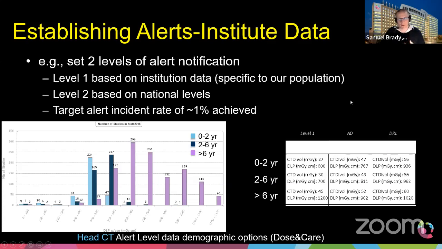So in this example, I chose to use those achievable doses, that 50th percentile. I entered those values into my software, and I just give you those values here.